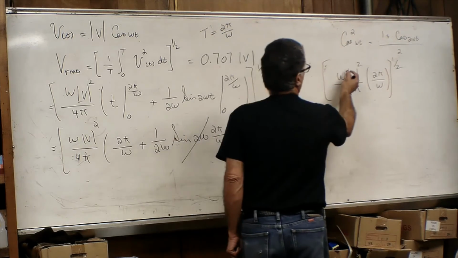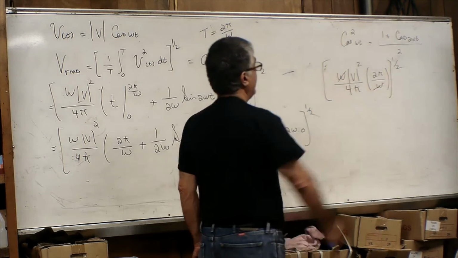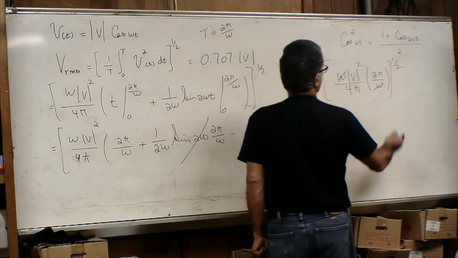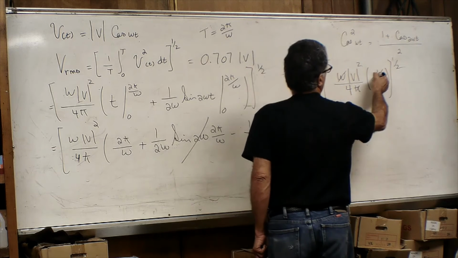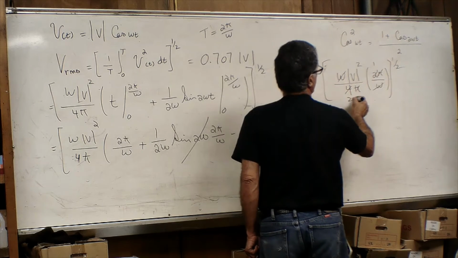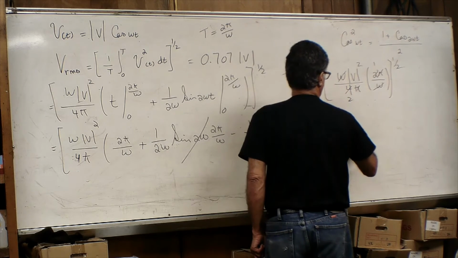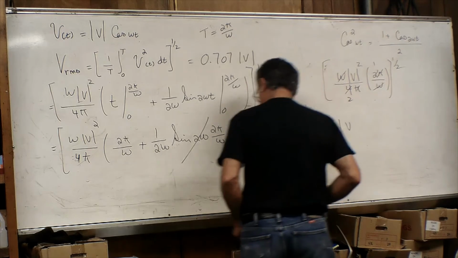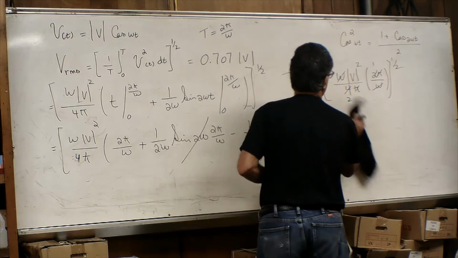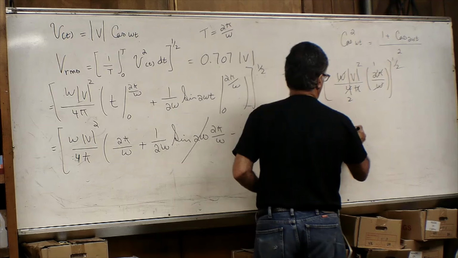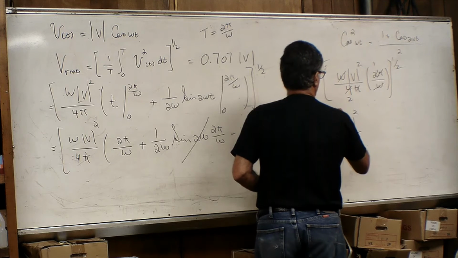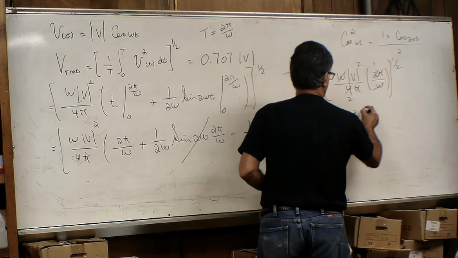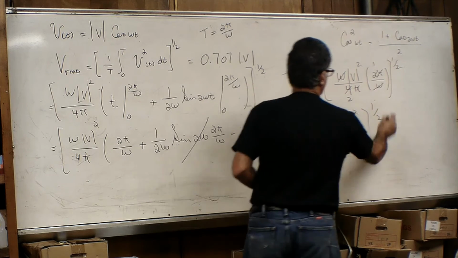Here omega will cancel out, and pi will cancel out, 2 divided by 2, and this is 2, so we are going to have v squared divided by 2 to the power 1/2.